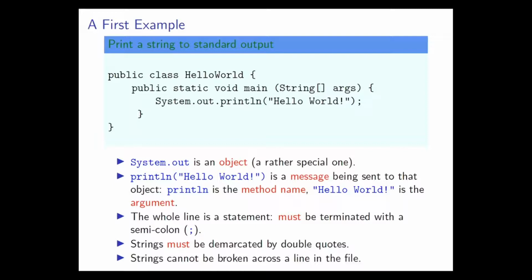And that's just the double quote character on your keyboard, not a pair of single quotes. A thing that's slightly inconvenient in Java is that you cannot break strings across a line in a file. We'll see various ways of dealing with the situation where that's inconvenient later on, but for now it's just a thing to know.